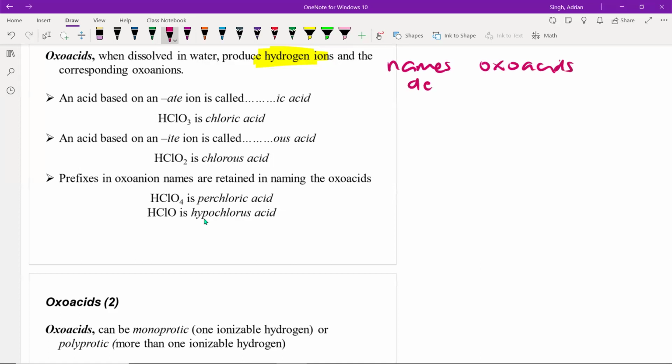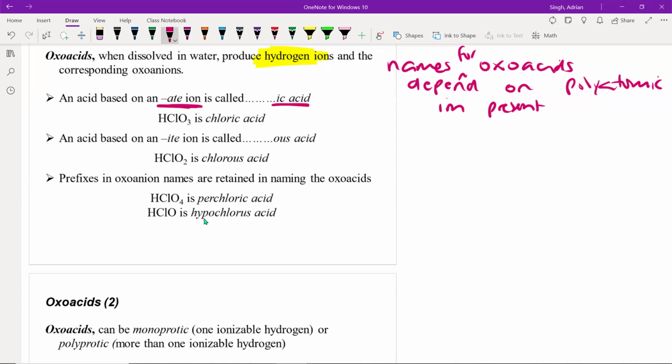The names for the oxo acids depend on the polyatomic ion present. So if the polyatomic ion was an ate ion, then we would call the corresponding acid an ic acid.